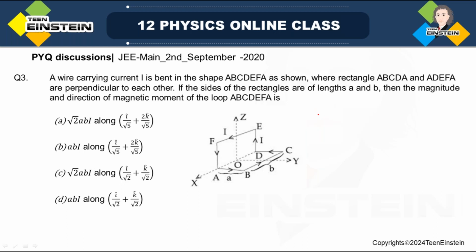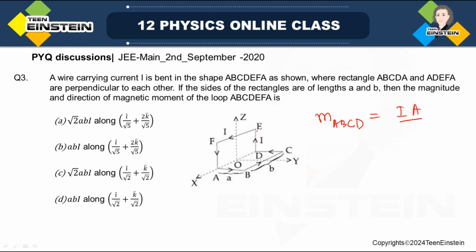For the magnetic moment due to the surface ABCD, you have to apply the thumb rule to find out the direction. We know the magnetic moment magnitude will be I into A, where I is the current and A is the area.